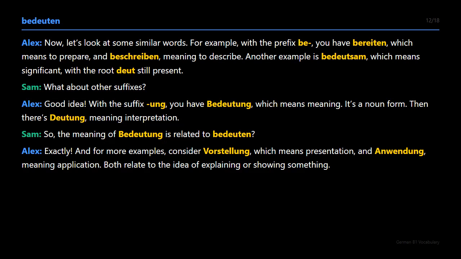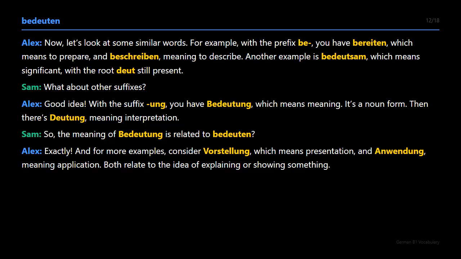Good idea. With the suffix ung, you have Bedeutung, which means meaning. It's a noun form. Then there's Deutung, meaning interpretation.